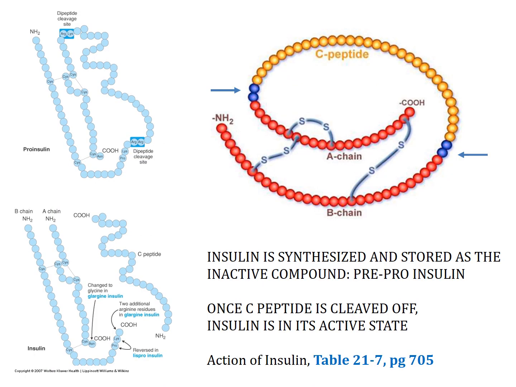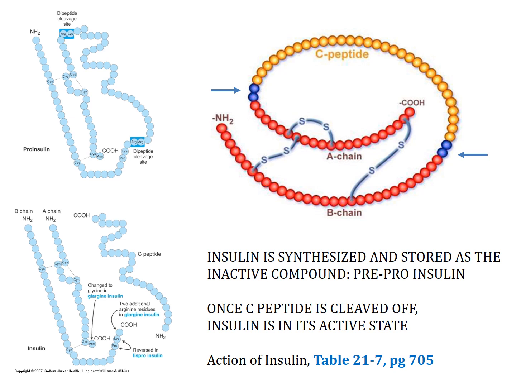Insulin is actually made in an inactive form. That inactive form is called pre-proinsulin. So this pre-proinsulin is made in the pancreas. When insulin is ready to be released into an active state, that large protein gets cleaved at two sites, and part of that protein gets released, referred to as the C-peptide.